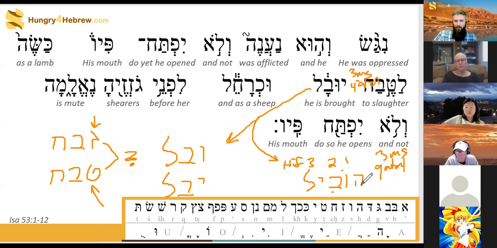So that means if we wanted to put hovil into yiktol, it would become yovil. Yovil. He will bring or cause someone to go along a certain path. So yovil would be the hifil yiktol? Oh yeah. Absolutely.